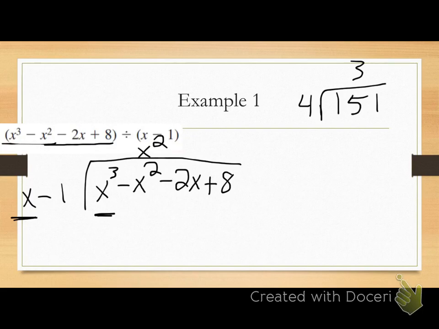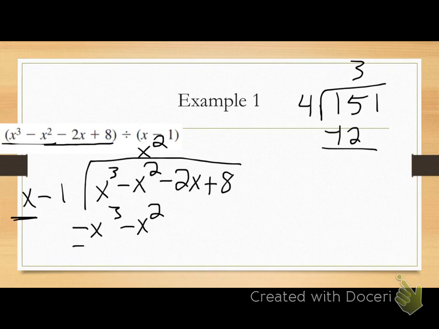So x squared times x gives me x cubed. X squared times negative 1 gives me negative x squared. We okay with that? Okay, so up here I would have done 4 times 3 would give me 12. In our normal long division, what do I do with that 15 and 12? Subtract them.